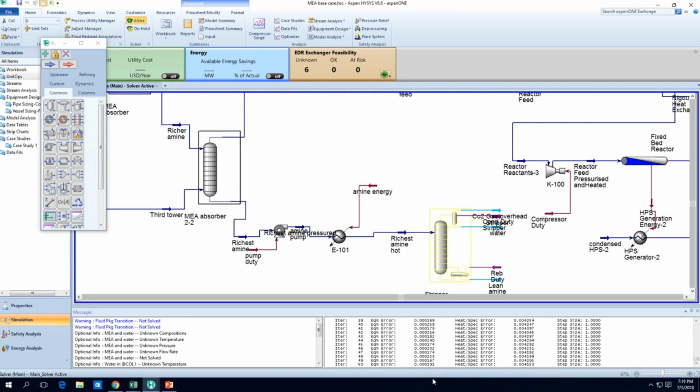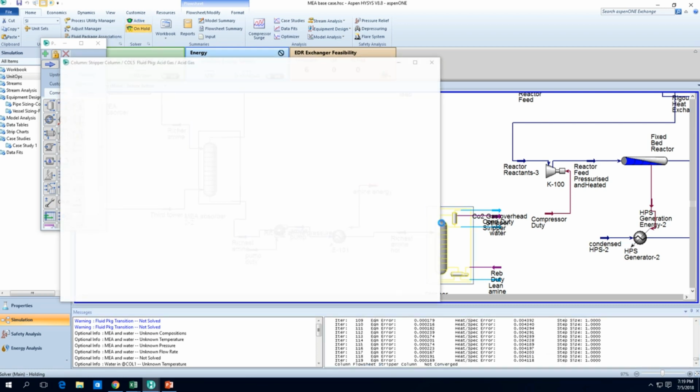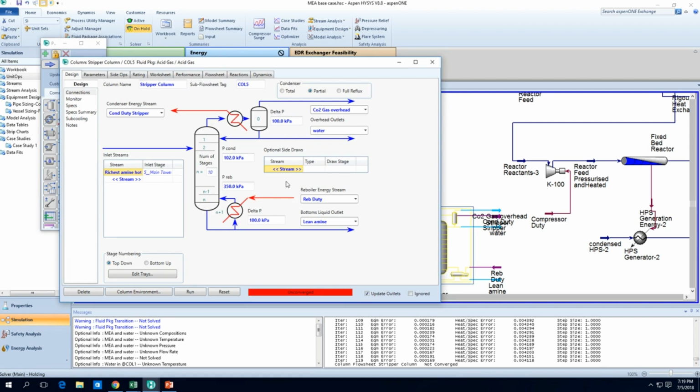So now you see this thing that's oscillating back and forth, and it can't really converge. So let's stop. There are two things I want you to take note of. Firstly, notice that it's oscillating, so probably the solution isn't being reached.